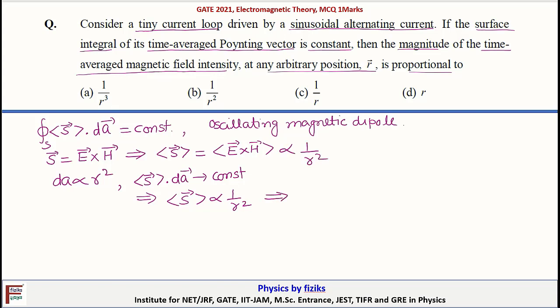This implies that time average of magnitude of E is proportional to 1 by R, as well as time average of magnitude of magnetic field intensity H is also proportional to 1 by R. So option C is correct.